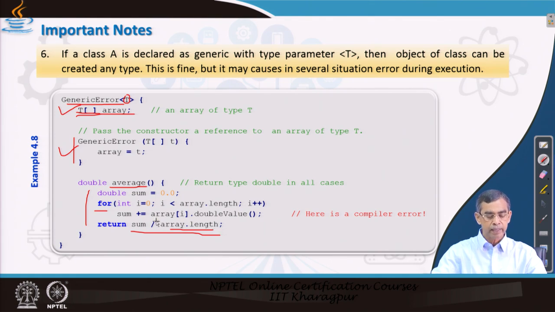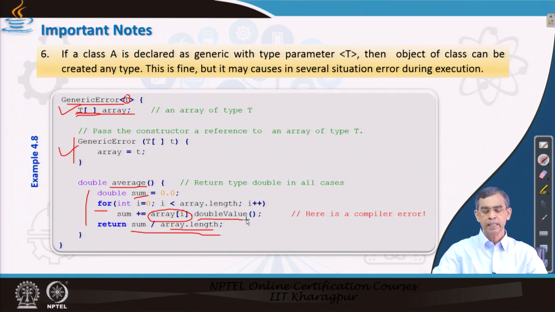Now, here you see the ith element stored in the array is stored as an object, because T is an object. From this object representation, if we want to calculate the average, the simple type should be converted into either integer, double or float. So, it is a double value.